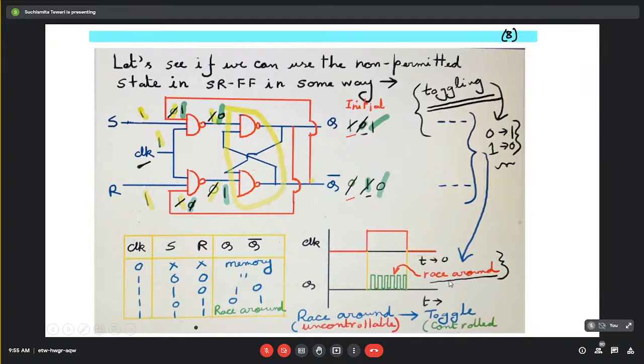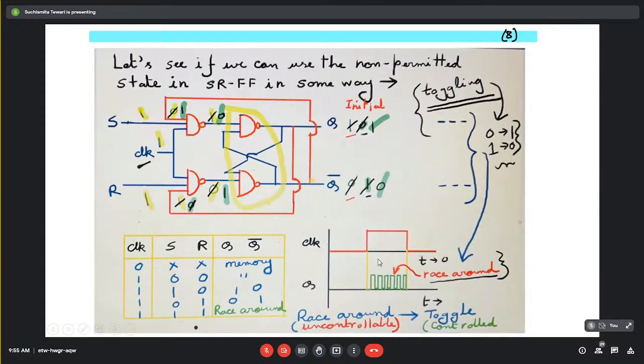What is race around condition? Race around condition is where the output changes its state continuously without any type of controlling. We cannot control how fast it is going to take or how many pulses will appear over here. That will depend on the gate delay and some other factors of circuitry, but the total number of pulses remains unpredictable.